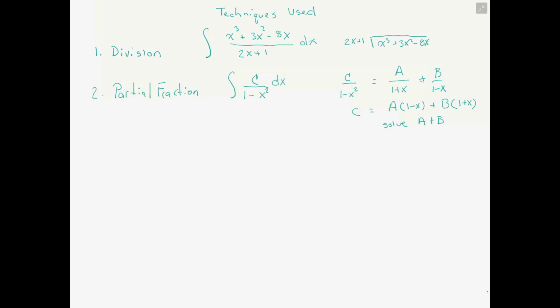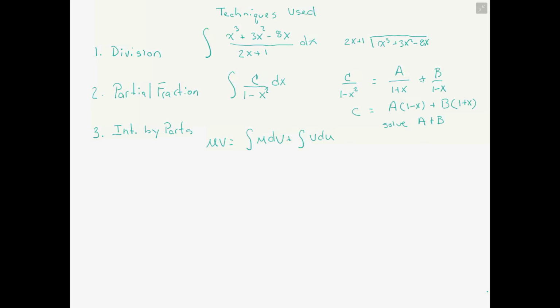We've got c equals a 1 minus x plus b 1 plus x, and then we'd solve for a and b and integrate individual terms.